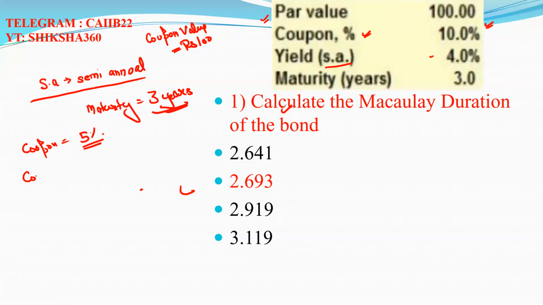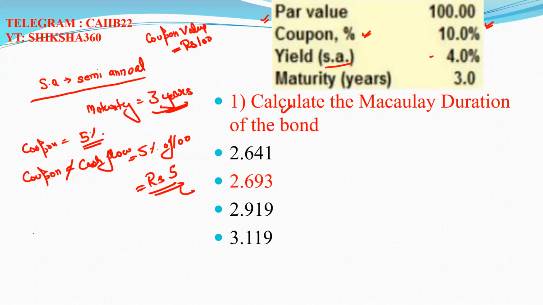The coupon value, which we also represent as the cash flow, is 5% of 100, that is rupees 5. The time duration is 0.5, 1, 1.5, 2, 2.5, 3.